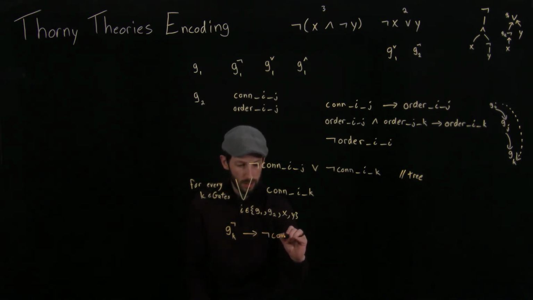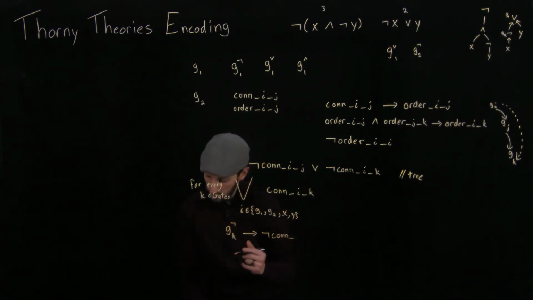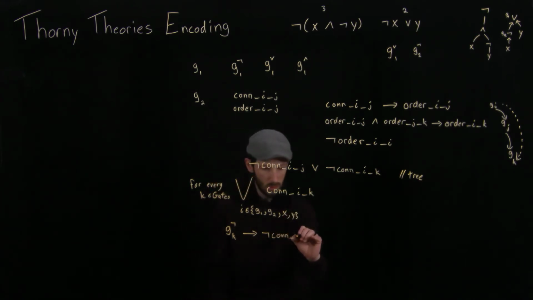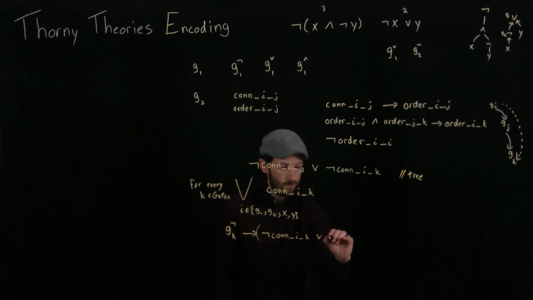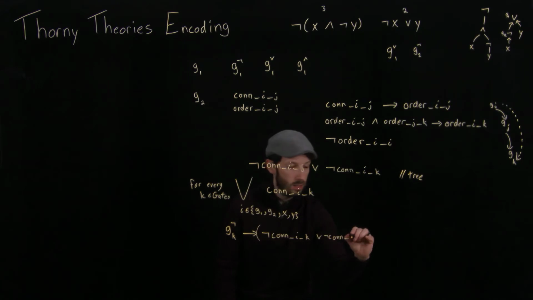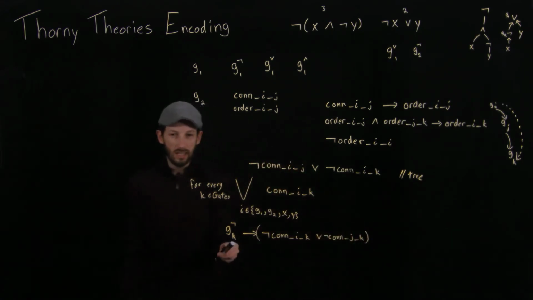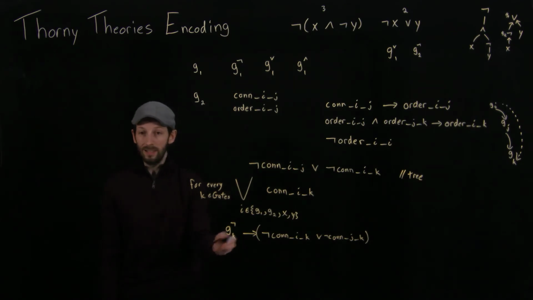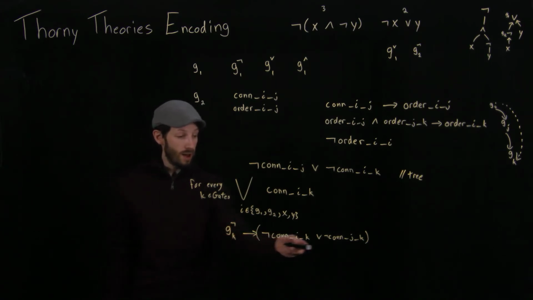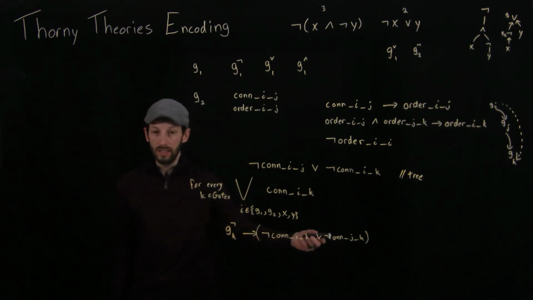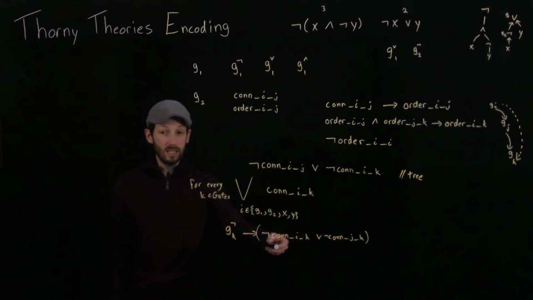for every possible set of things that could go into it, so I, k, and this is here, negation, connected, j, k. Right, so what this is saying is, if the SAT solver chose for gate k to be a negation gate, then it means that for every pair of i, j, other things that could be possible inputs inside of here, at least one of them is false.